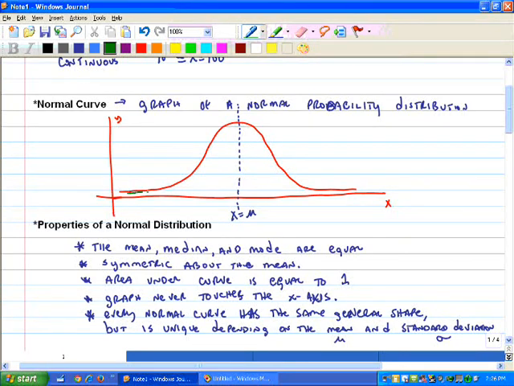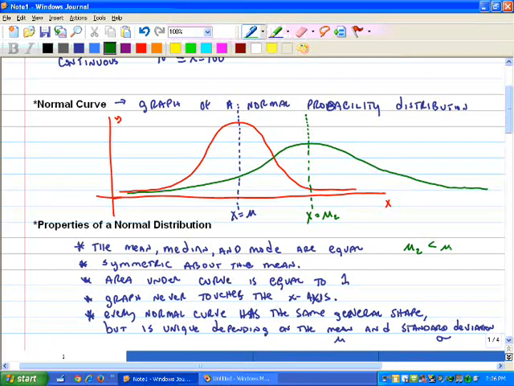If we sketch another bell-shaped curve, a normal curve, but this one is shorter and wider, centered to the right. This is the graph of a normal distribution. What we know is its mean is larger because it's to the right on the x-axis than the mean of that first one.